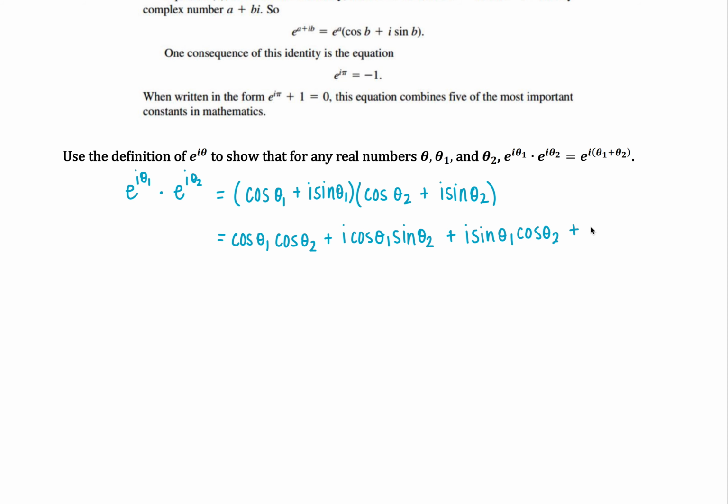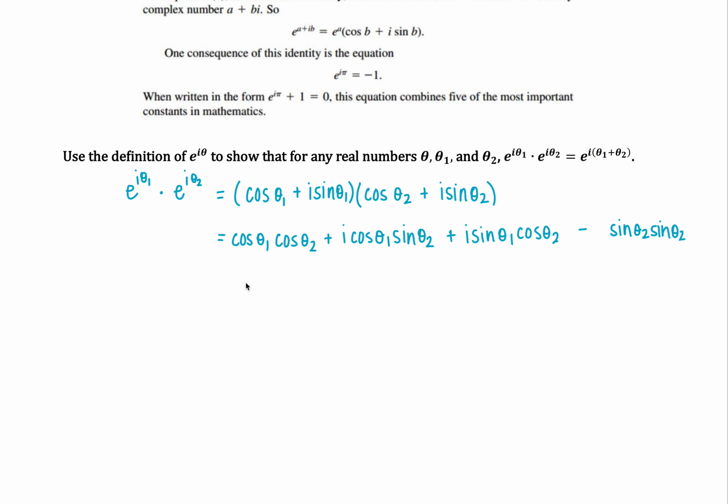Then finally, we'll have plus I squared sine theta 1 sine theta 2. If you remember, I squared is equal to -1. So this last term, instead of plus I squared, it's just -1, or simply minus.